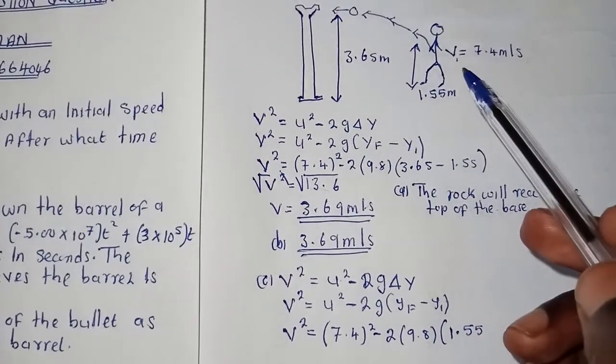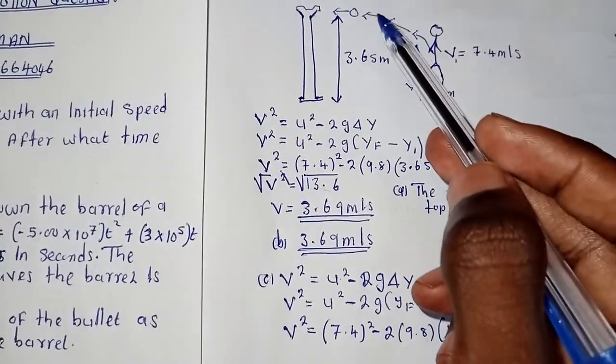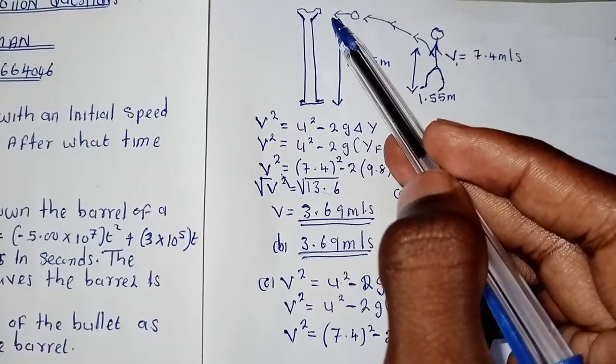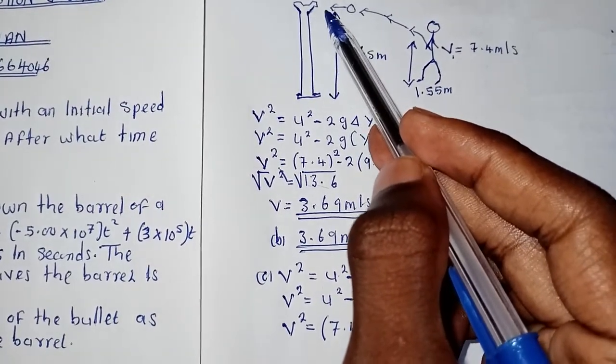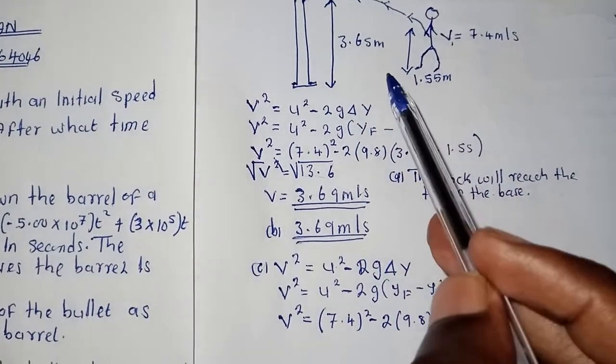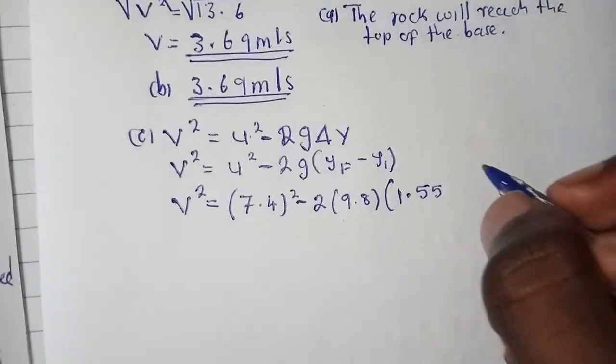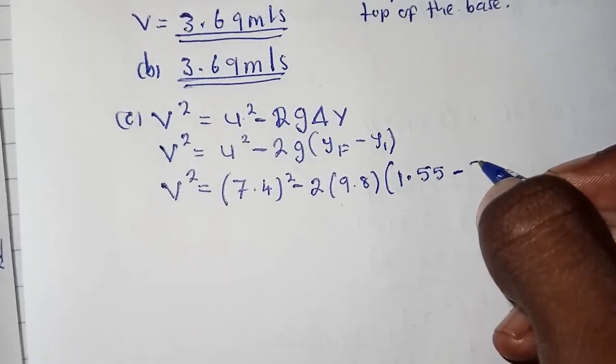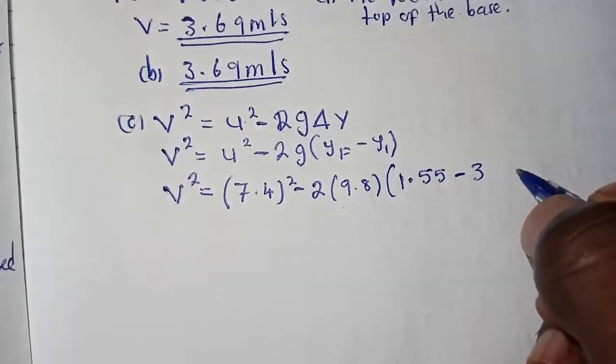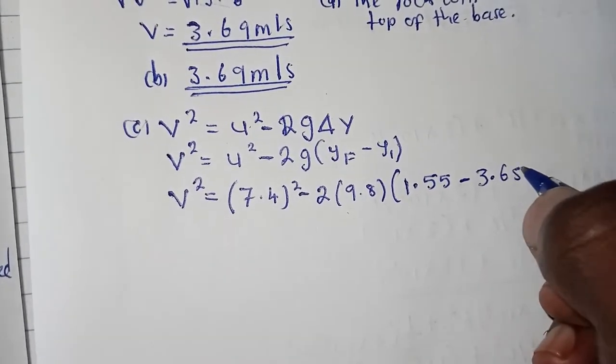Since in the first place it was going upward, this time around they want us to calculate when it's coming from upward, now going downward. So this one is going to be our initial, this is going to be our final. You understand? So this is going to be 3.65.